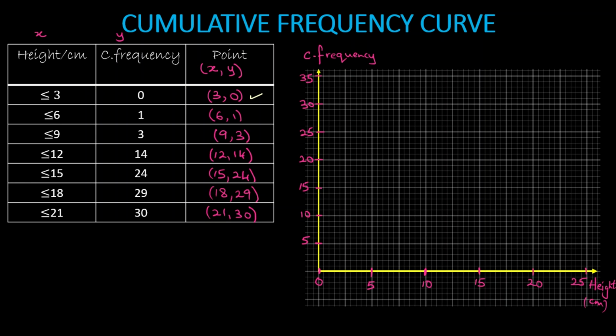Now all we have to do is to plot the points. The first point is (3, 0). So this is 5, 4, 3, 0. It's here. Next point, (6, 1). The next point, (9, 3). The next point, (12, 14).